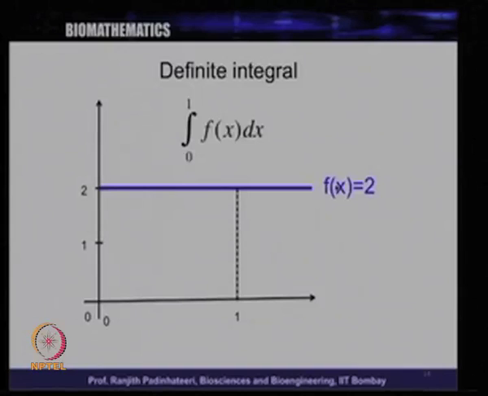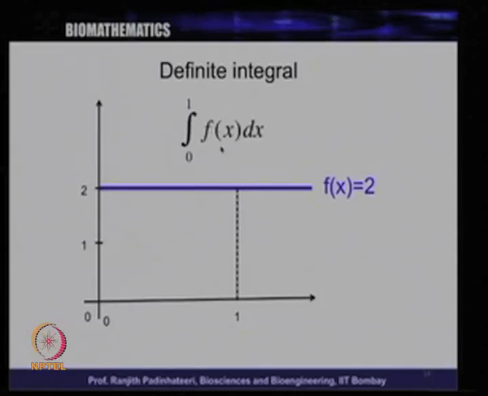The function we have is f of x equal to a constant 2, which is a line. Now, we want to integrate this f of x in the limit 0 to 1, that is from here to here.